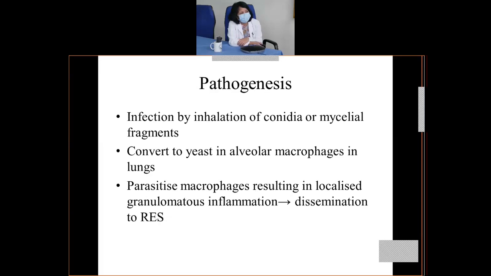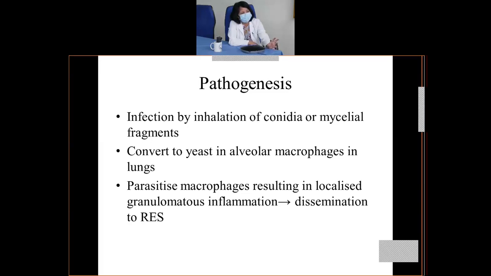So pathogenesis, how does this infection occur? Through inhalation of conidia or even mycelial fragments. Not only conidia can infect, but even mycelial fragments can establish an infection in the human body. Inside the lungs, they are converted to yeast in the alveolar macrophages, because these are primarily fungal infections of the reticuloendothelial system.